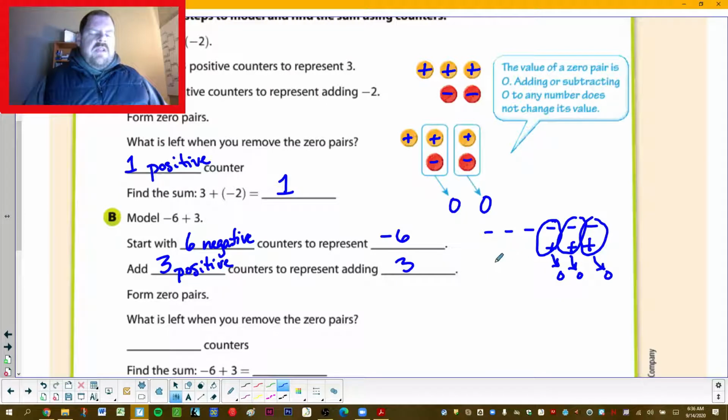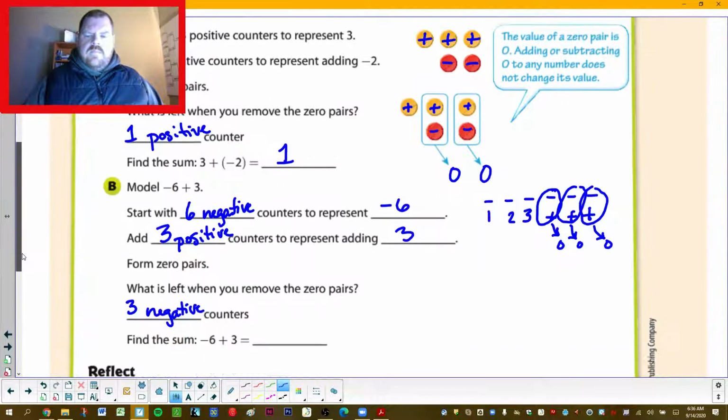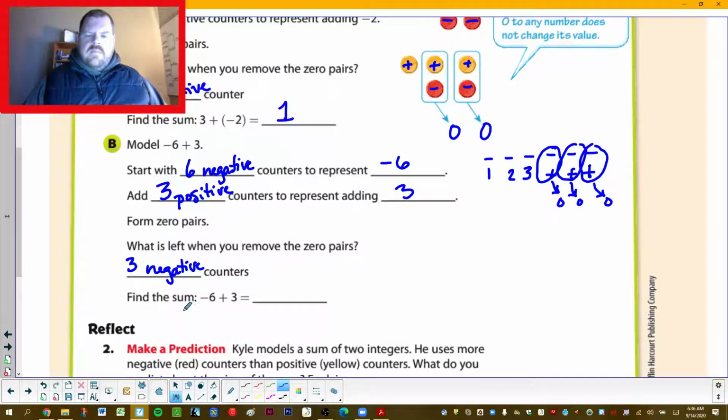And so what do we have left when we get rid of those 0 pairs? We have 1, 2, 3 negative counters. So the sum negative 6 plus 3 is going to leave us with an answer of negative 3.